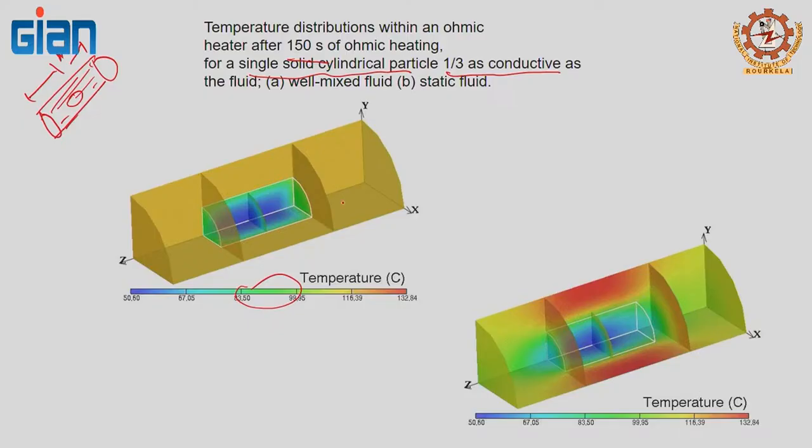Whereas this is much hotter, showing somewhere 115, 116. So in other words, the current tries to flow wherever the electricity allows it to pass. Since the liquid in this case has a higher conductivity, the current tries to pass through without passing much in the solid.